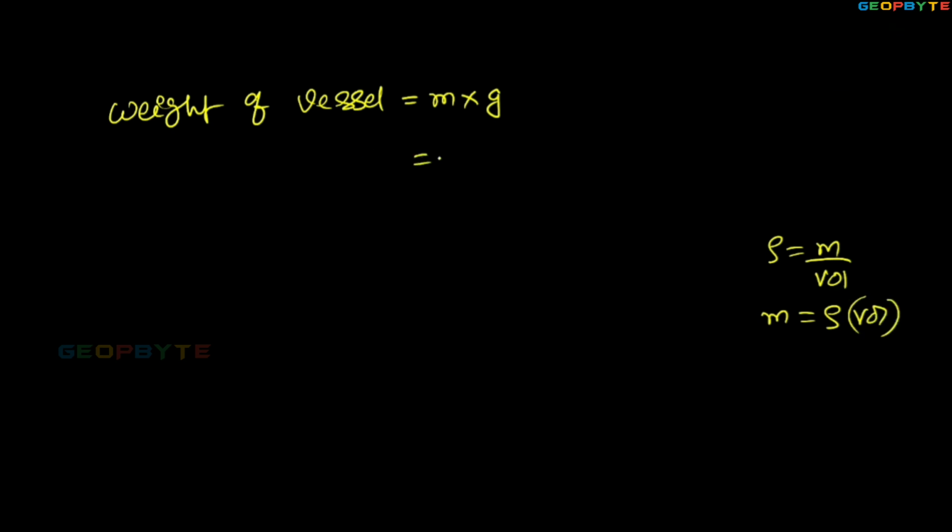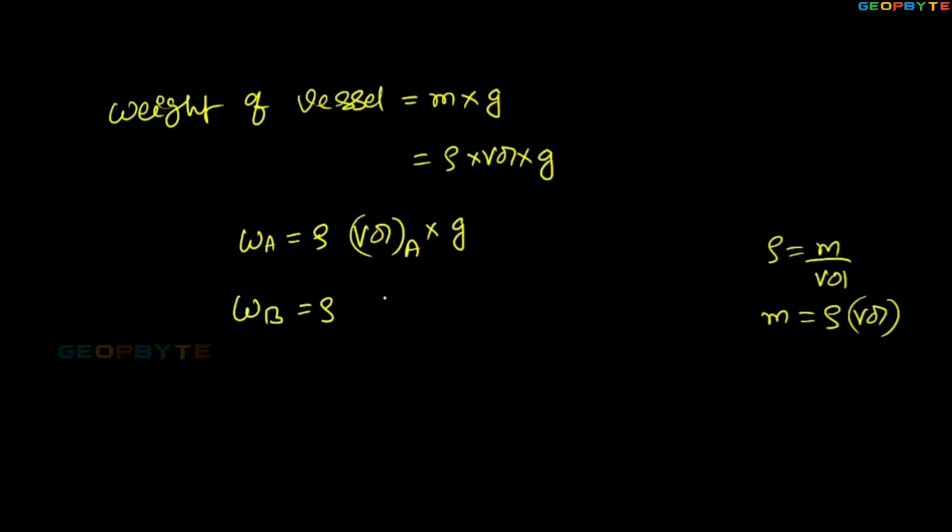So weight equal to density multiplied by volume multiplied by g. Now, the weight of A equal to rho into volume of A into g. Weight of B equal to density remains same into volume of B into gravity constant.